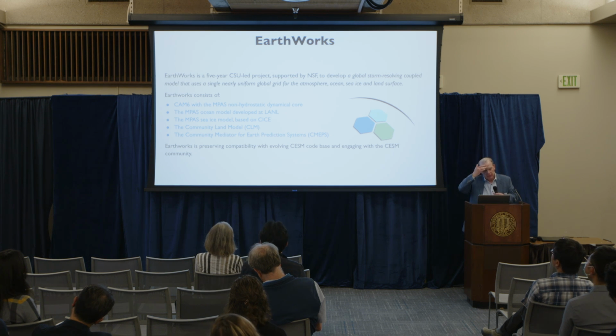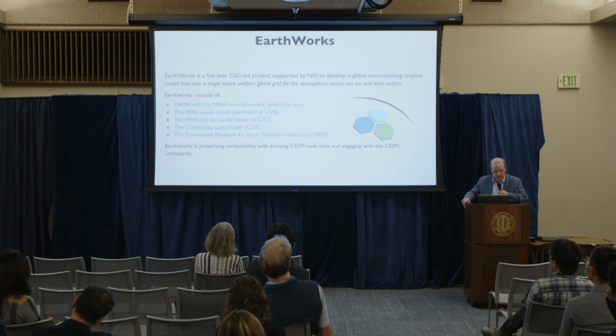So we've recently started, two years ago, a project at CSU called Earthworks, which I'm going to tell you a little bit about here. It's led at CSU by myself and Jim Hurrell, and is supported by the National Science Foundation. It's five years to develop a global storm resolving coupled model that uses a single nearly uniform global grid for the atmosphere, ocean, sea ice, and land surface.